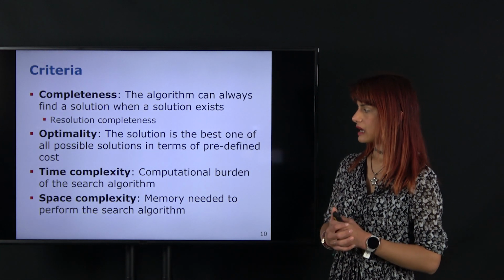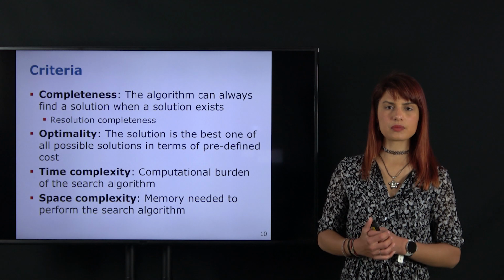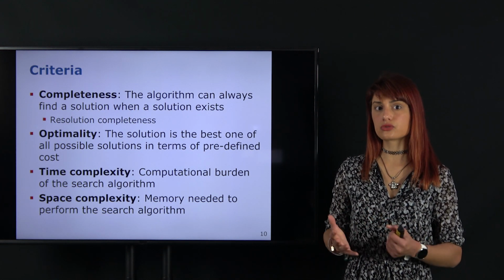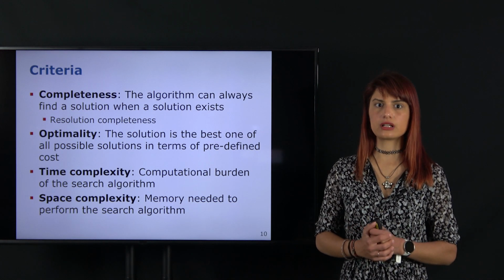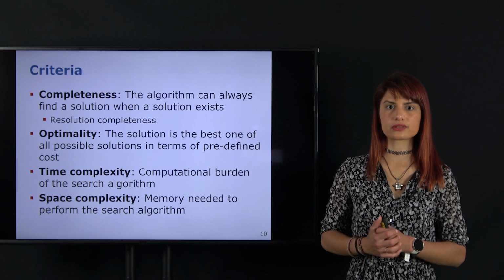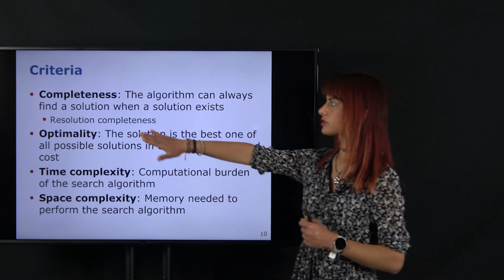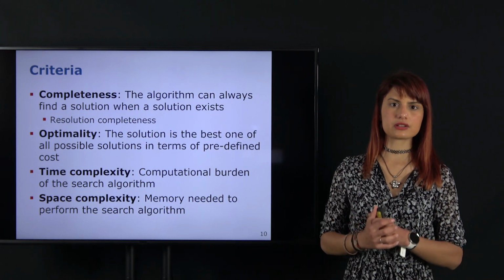So now that we understand what search-based algorithms are all about and the problem setup, how can we compare different algorithms or different rules for exploring the search space? What kind of criteria and what kind of metrics can we use? Well, here we can talk firstly about completeness. Does our algorithm actually find a solution?